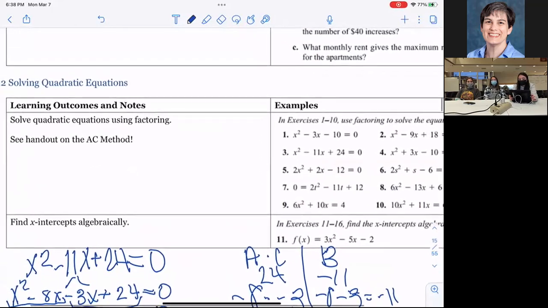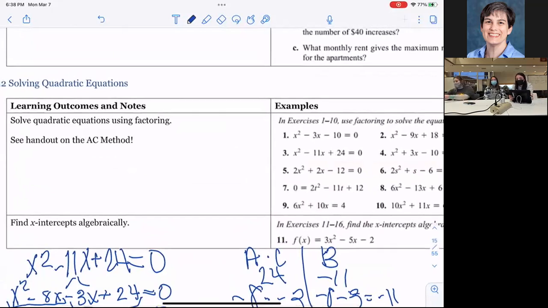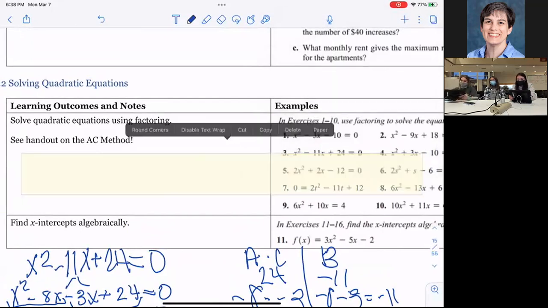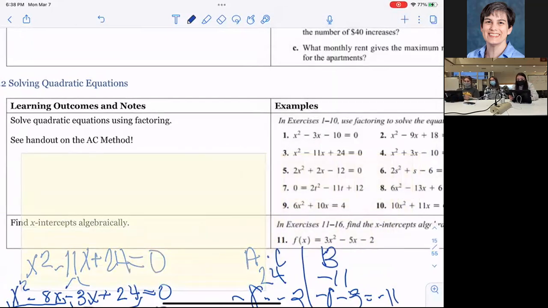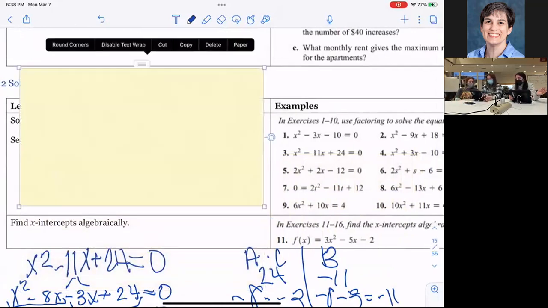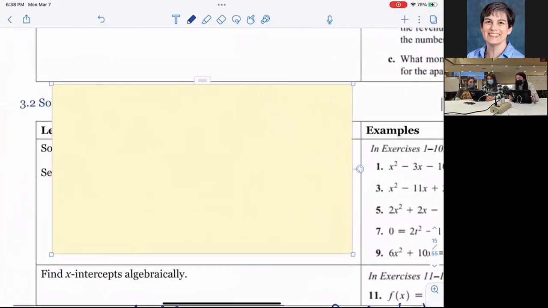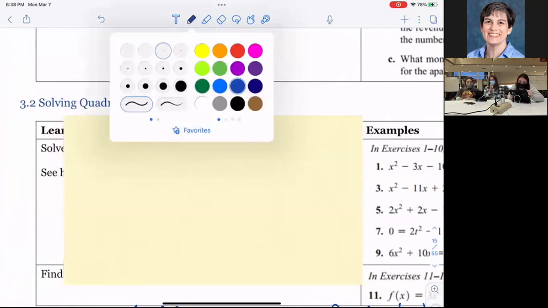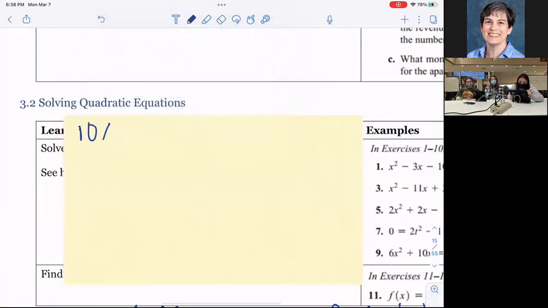So we'll do 10. Drop a sticky note if you want. 10x squared plus 11x equals 6.